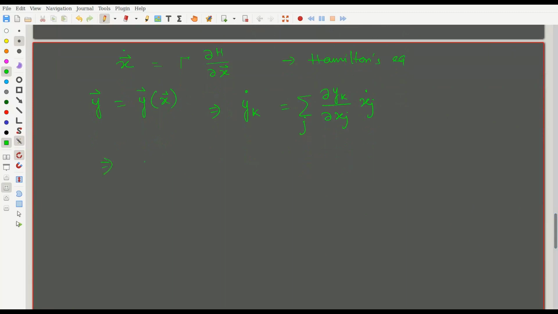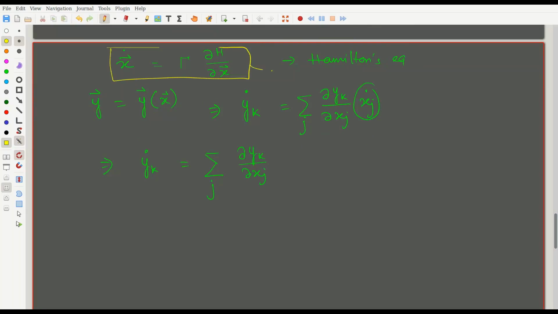Now again you can write down yk dot equals summation over j del yk del xj times xj dot. Since this satisfies my Hamilton's equation, I can extract xj dot from here.